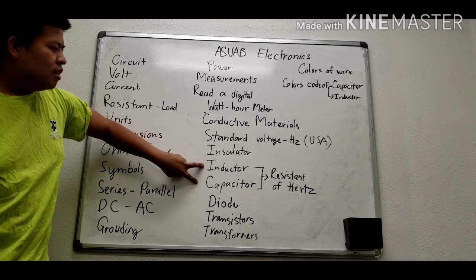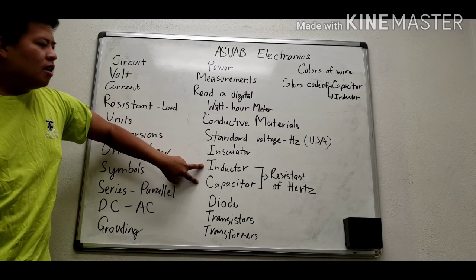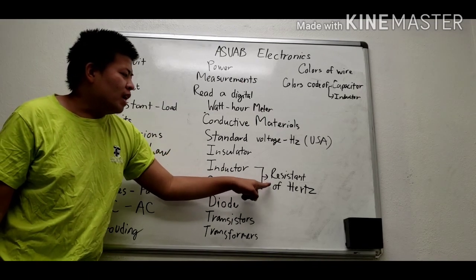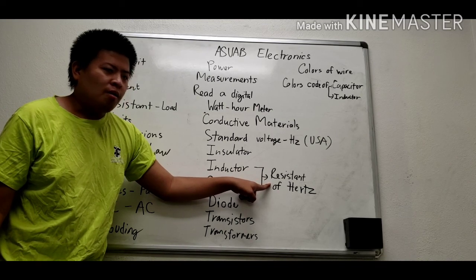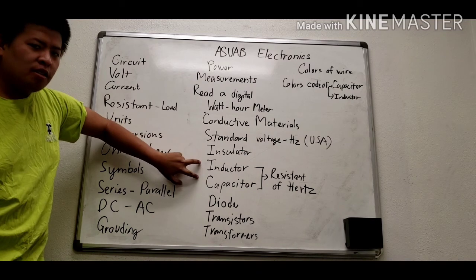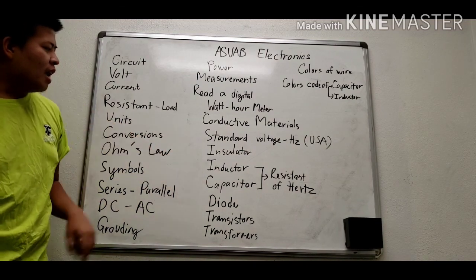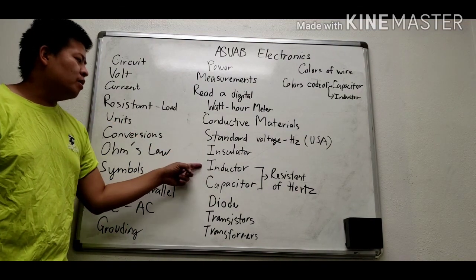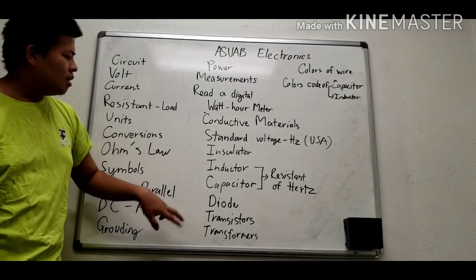For inductor and capacitor, I will show you how to calculate the resistance of hertz, because this will be on the test and they ask you how to understand inductor and capacitor.